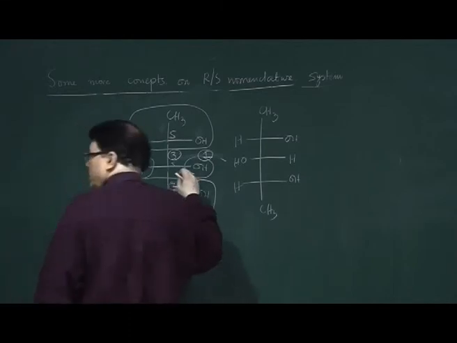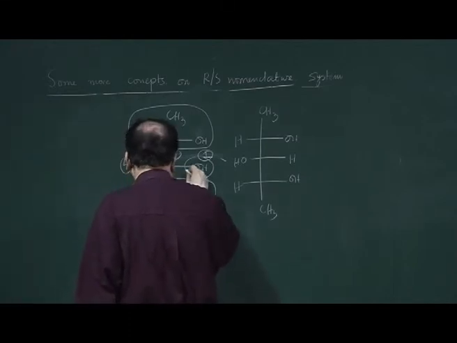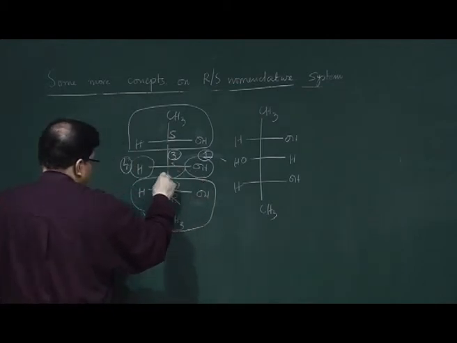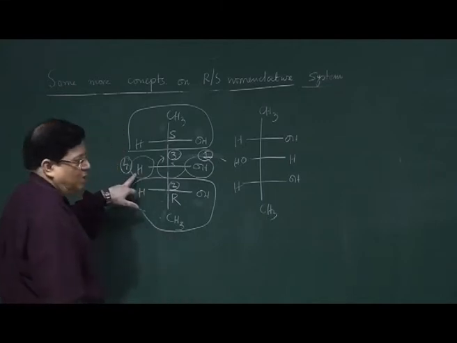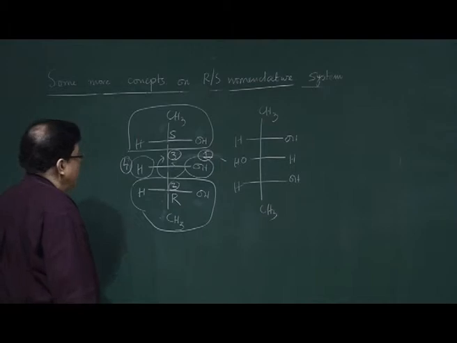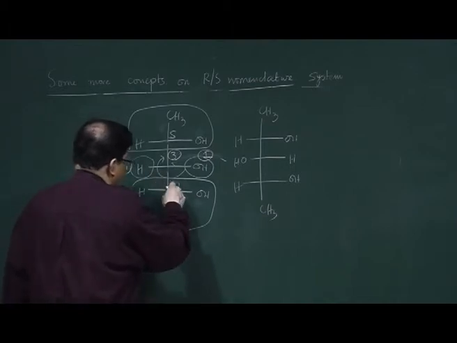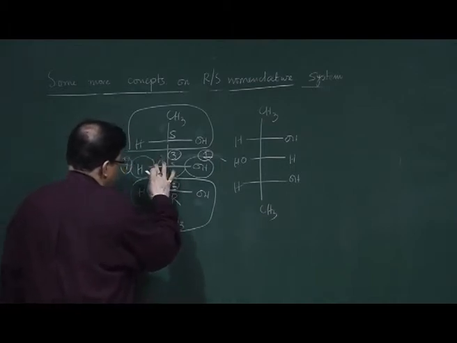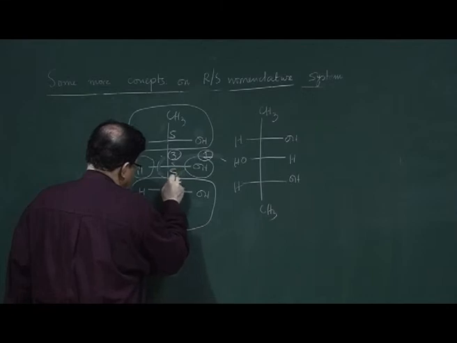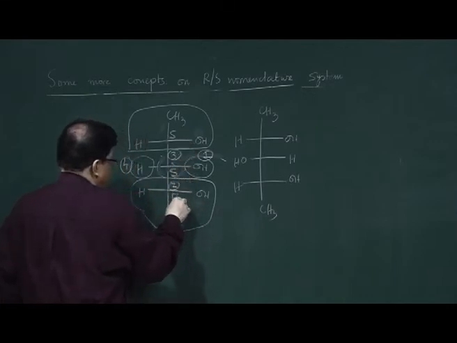So, now 1 to 2 to 3, you just see what the result is. It looks like it is going in a clockwise sense, but since the hydrogen is occupying the horizontal line, it should be the other way around. The absolute configuration will be S. So, this molecule is actually SSR.